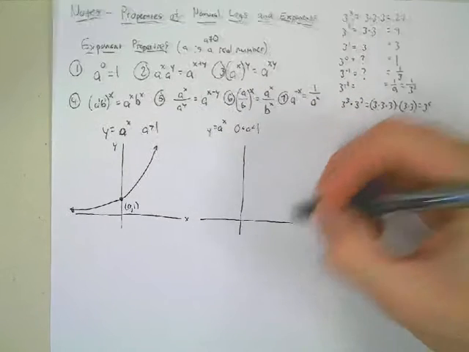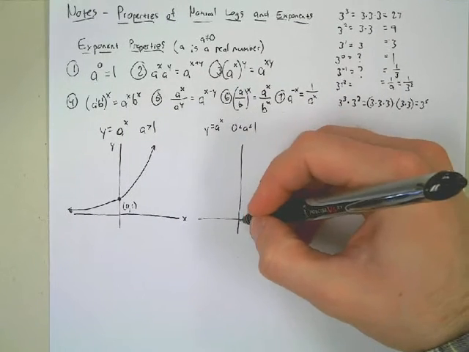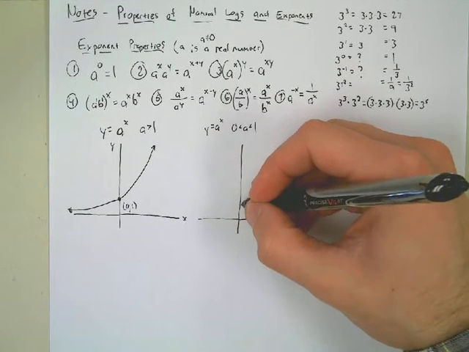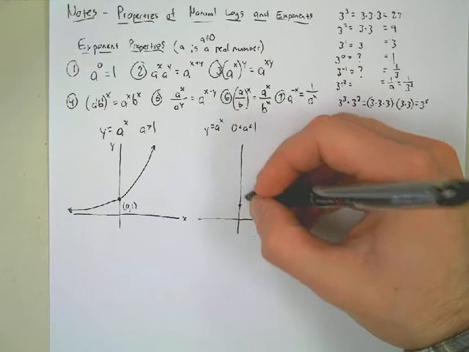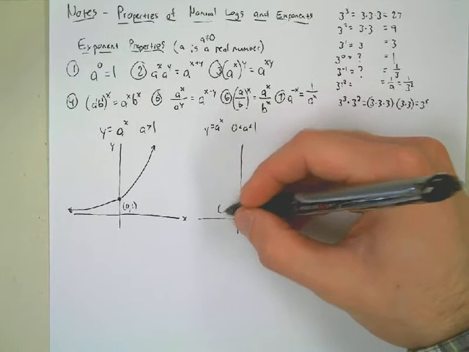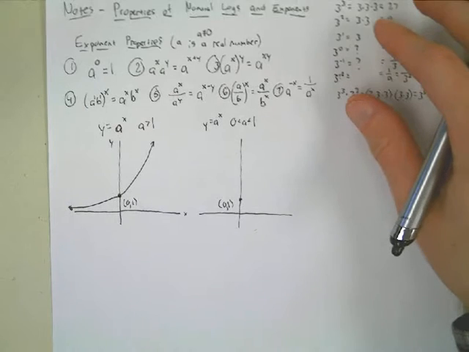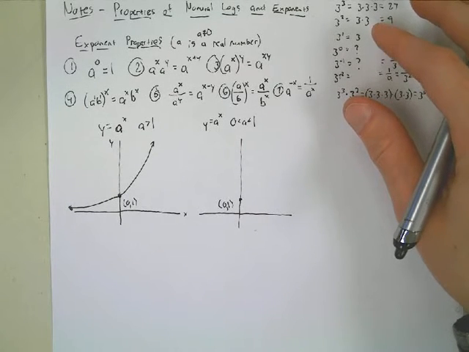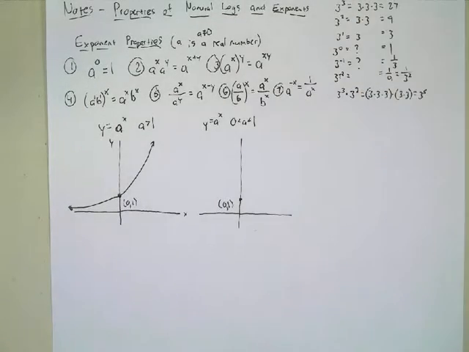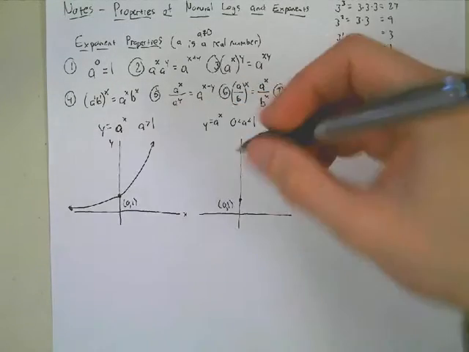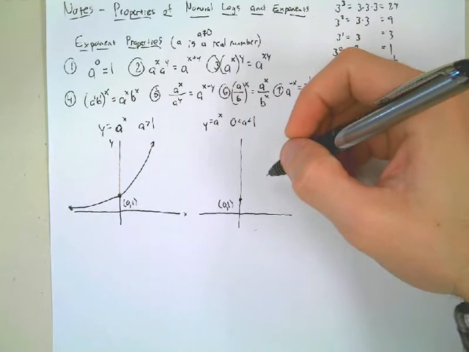Okay. Still at 0, what will the y value be? 1. But now, how will this graph look? So it's going to look, I think what Anna was pointing at, like, were you basically saying flip this, Anna? Yeah, exactly.